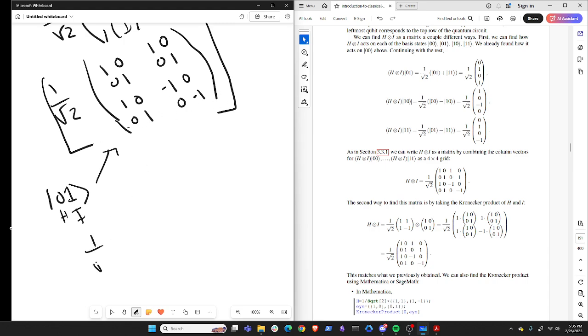So we wind up with 1 over square root of 2, 1, 0, 1, 0, 0, 1, 0, 1, 1, 0, negative 1, 0, and 0, 1, 0, negative 1.